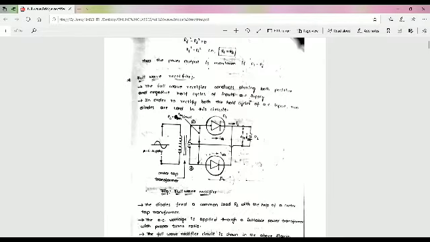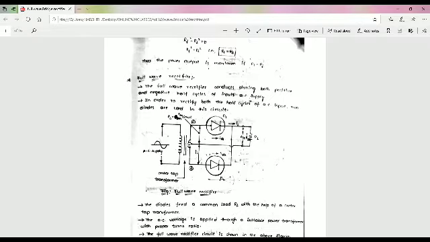The AC voltage is applied through a suitable power transformer with the proper turns ratio. So this is the step down transformer. For the proper operation of the circuit, a center tap on the secondary winding of the transformer is essential. So this is very important, the center tap transformer in full-wave rectifiers.